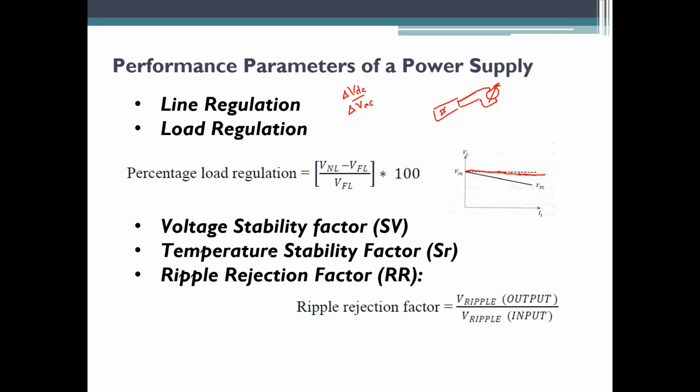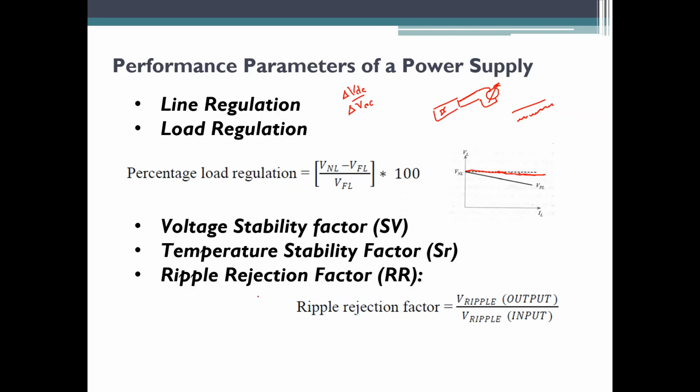The last one is ripple rejection factor. Normally your DC will be something like this, with irregularity in the DC. This irregularity is what you call ripples in the output.